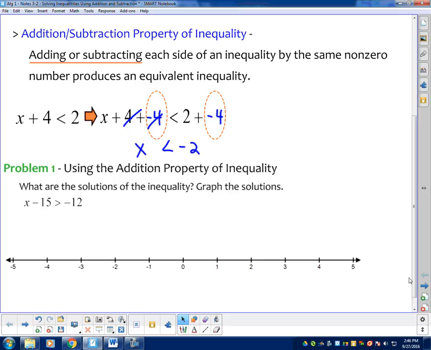So problem 1, what do I have to do to each side of the inequality to solve it? What do we do to each side here, guys?